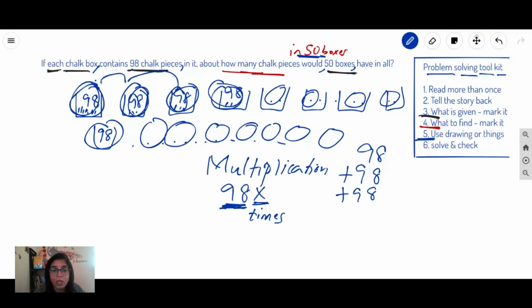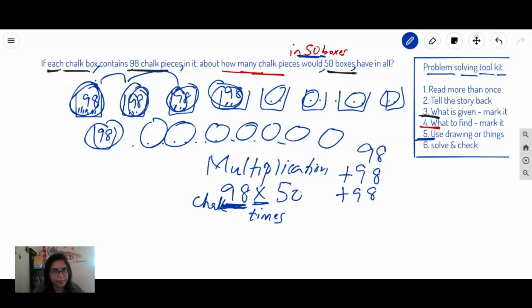So this is chalk pieces, and this is 50 times we are going to add them, right? So now we know that repeated addition is nothing but multiplication. I don't have to sit and add 98 again and again.